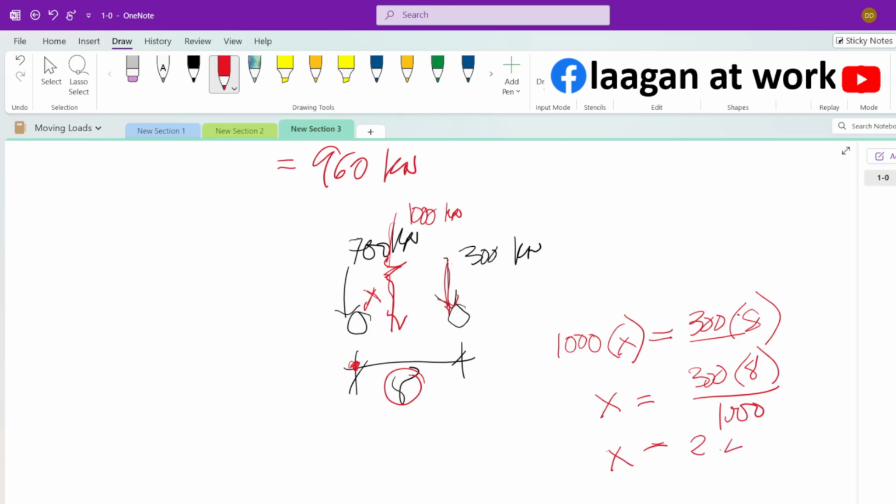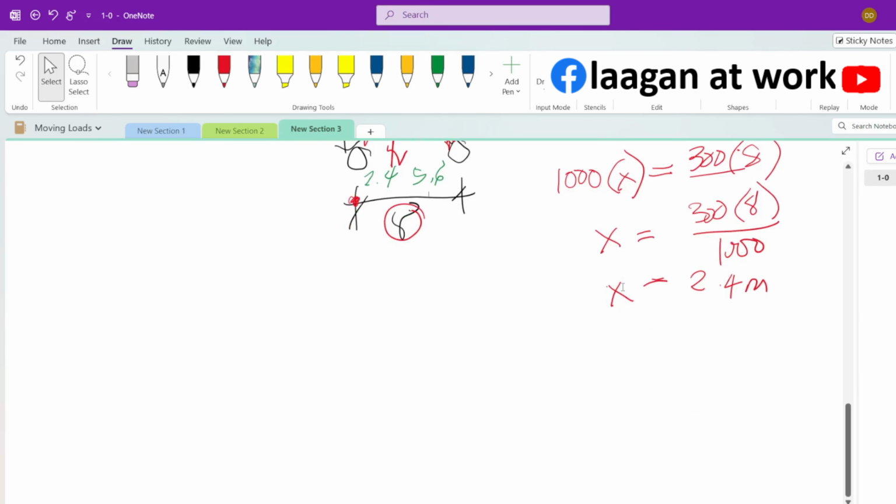2.4 meters. So this distance x is 2.4 meters. Since the total is 8, this is 5.6. Right, so 2.4, 5.6.